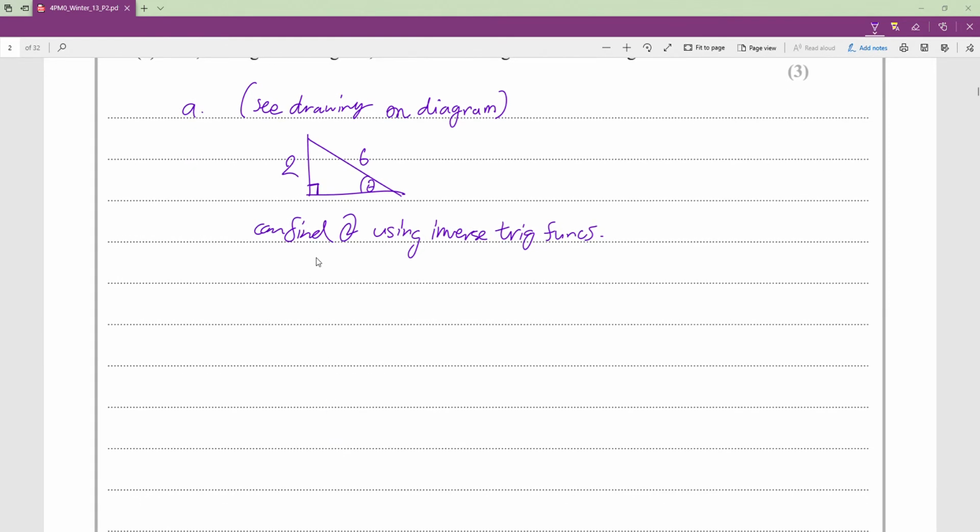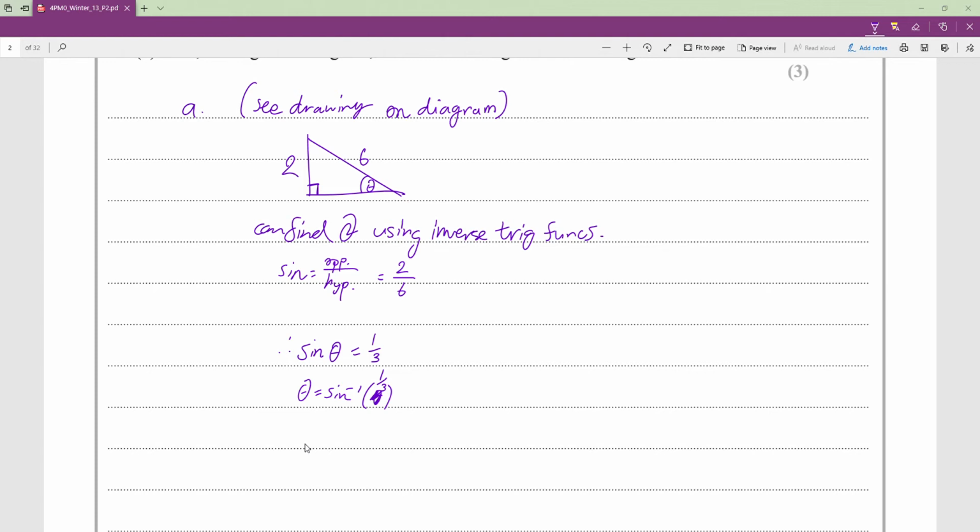So what do we do here? Well, we have the opposite and hypotenuse. If you remember SOHCAHTOA, sine is opposite over hypotenuse, which is 2 over 6, meaning sine theta is equal to 1 over 3, and theta is sine to the negative 1, that is the inverse sine of 1 over 3. And keep in mind that you want to find this answer in radians, right?